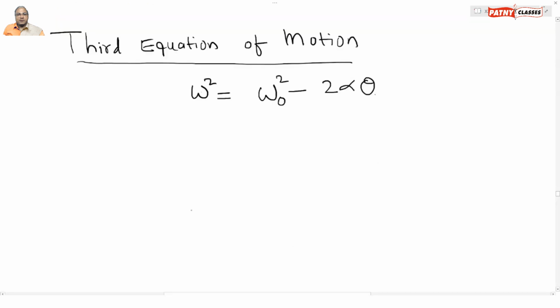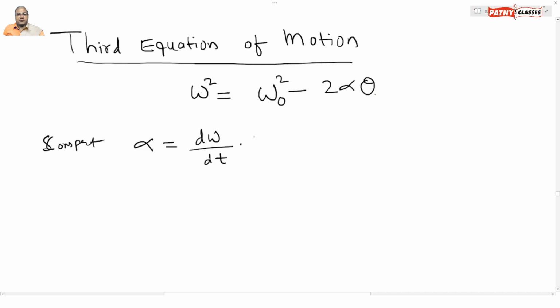Now let us derive the third equation of motion, that is omega square equals omega naught square plus 2 alpha theta. Now what is the concept? The concept is angular acceleration alpha equals rate of change of angular velocity, that is d omega by dt.